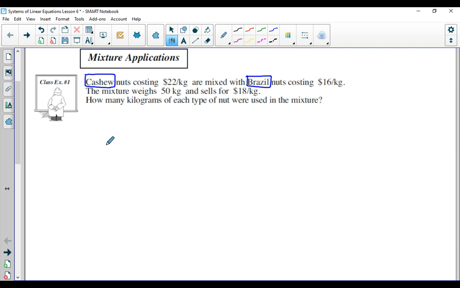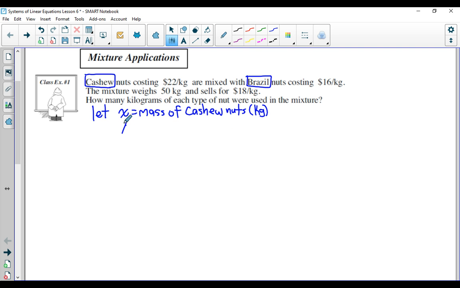The first thing you want to do in these word problems is pick two variables that are going to identify the two things you don't know. And the two things I don't know here are the mass of the cashew nuts and the mass of the Brazil nuts. So I'll start off by identifying those variables. We'll let X be the mass of the cashew nuts, and mass in this problem is in kilograms.